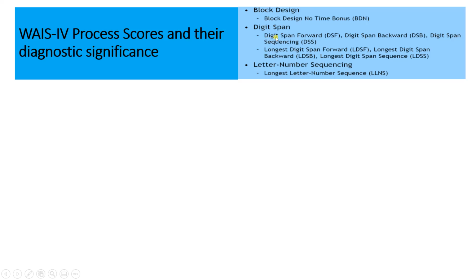Similarly, for digit span, the digit span forward, digit span backward, and digit span sequencing are the standard test. And we also score for the longest digit span forward, the longest digit span backward, the longest digit span sequence. And similarly, in letter number sequencing, the longest letter number sequence is also recorded just for making some clinical inference or extracting some diagnostically useful information.